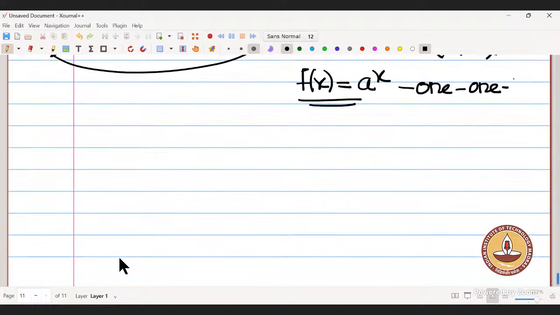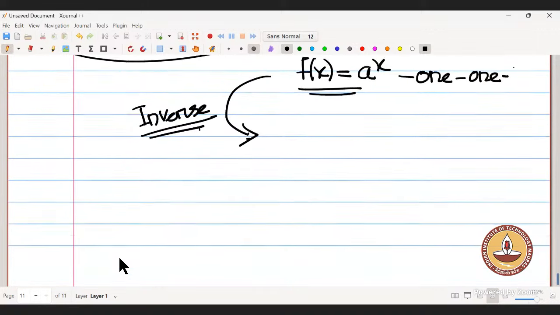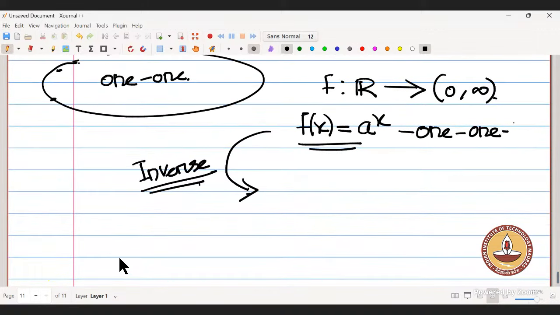So once this is a 1-1 function, I can talk about the inverse. And what is the inverse of this function? The logarithm, log base a of x. So the inverse function is log base a.